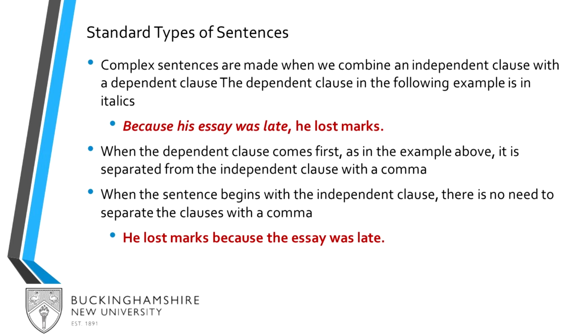Okay, and you notice there we've actually got a comma to add a pause between the dependent and the independent. Okay, and that's because we start with the dependent. We have to add a little bit of space to then give the resolve, don't we? Because his essay was late, notice the pause, he lost marks.